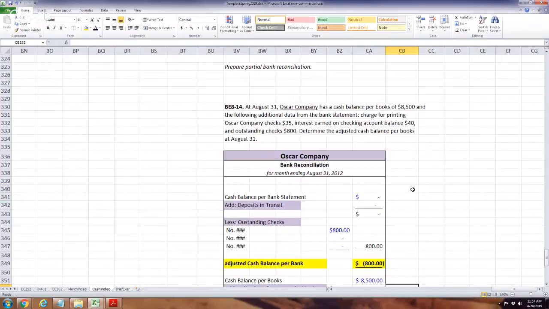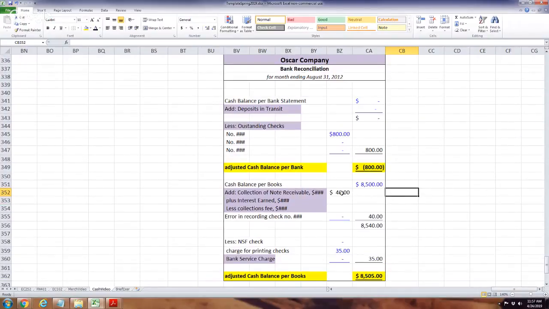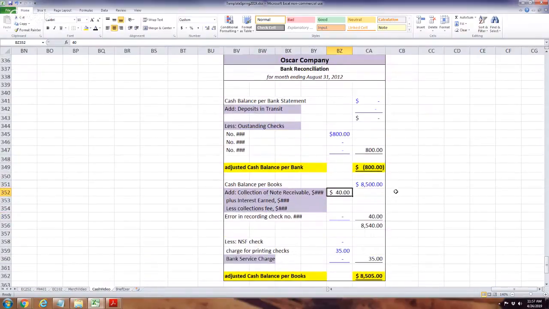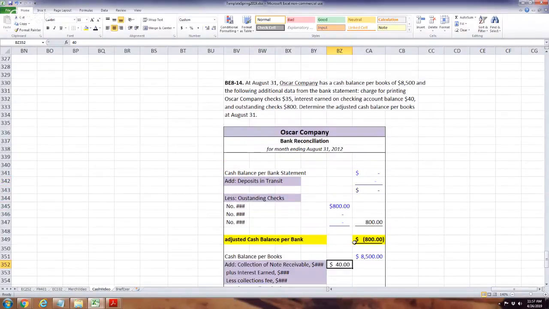The books balance is $8,500. You collected a note receivable. This would be checks, $35, or charge for checks, $35.